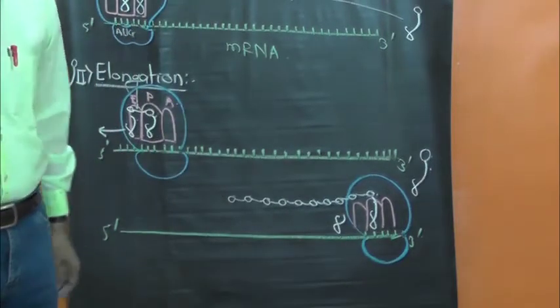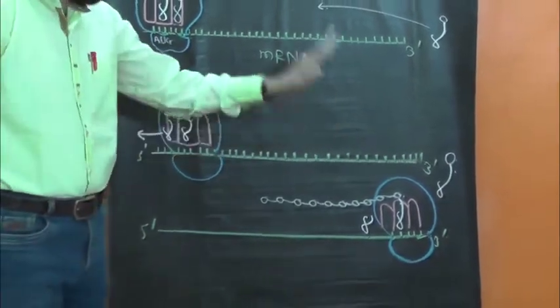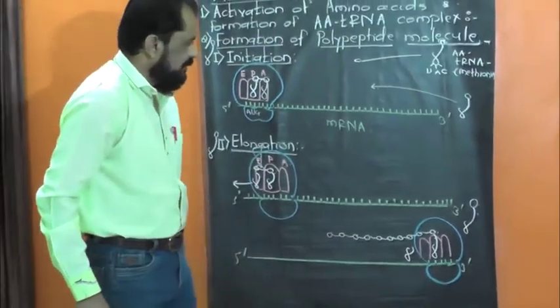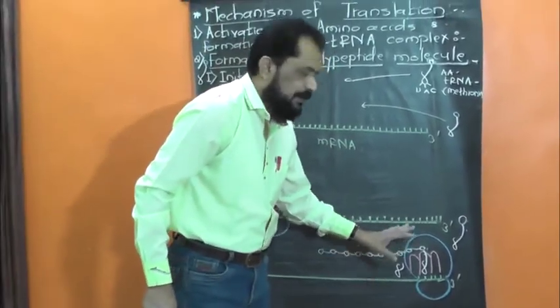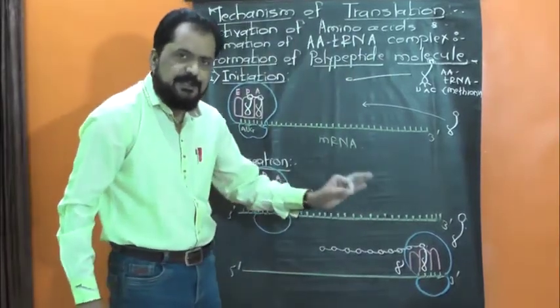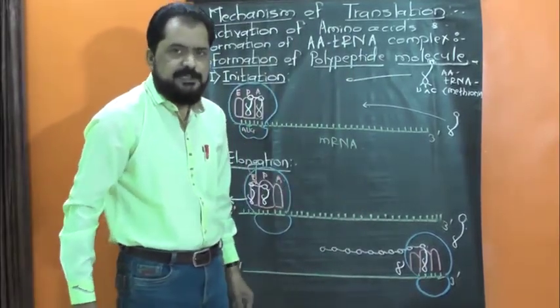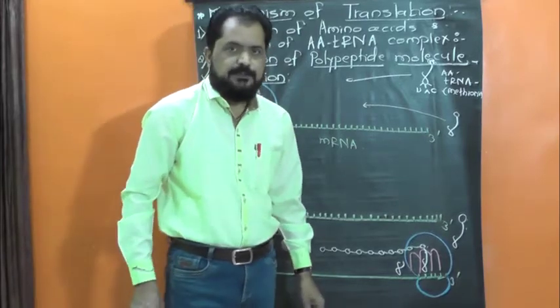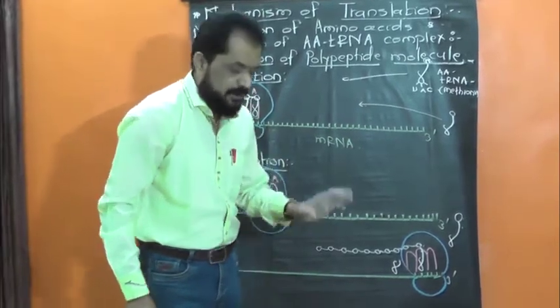Okay. After the process of elongation, as the ribosome reaches at the 3' end, at 3' end there is a stop codon. There is one of the nonsense codon.